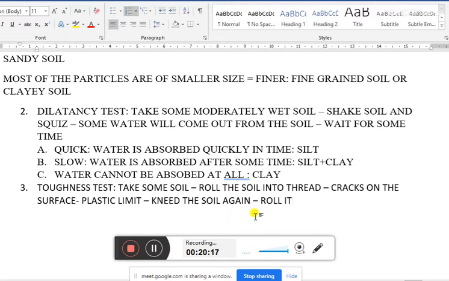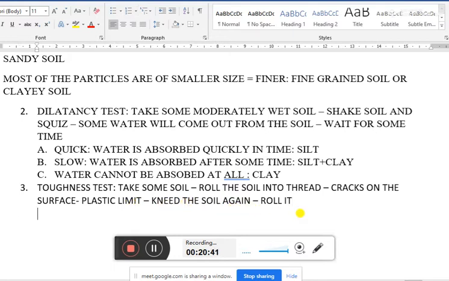This is the total process: you take some soil, roll it into a thread, cracks appear on the surface of that thread. At that moment you can conclude that the soil is on the verge of its plastic limit of water content. Then again you have to knead the soil and try to roll it.